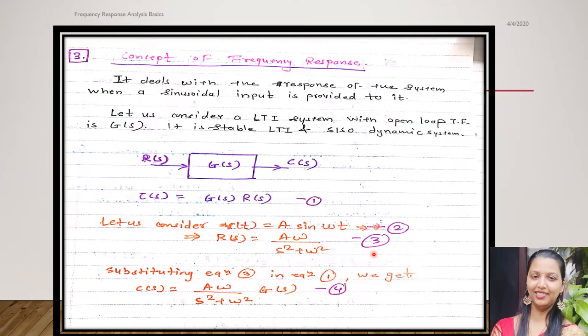Then substituting equation 3 in equation 1, we get C(s) = A omega / (s^2 + omega^2) times G(s). Mark this as equation 4.